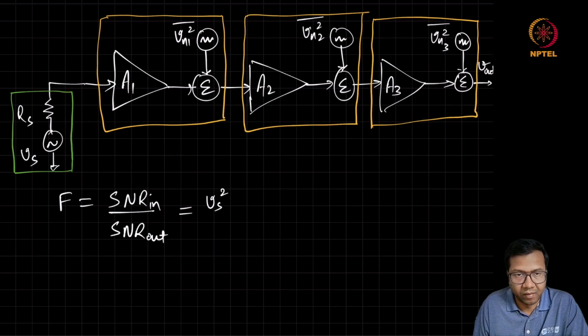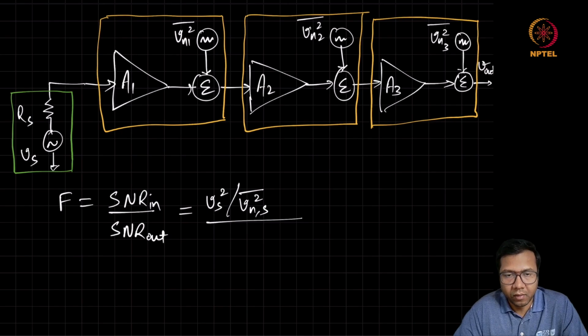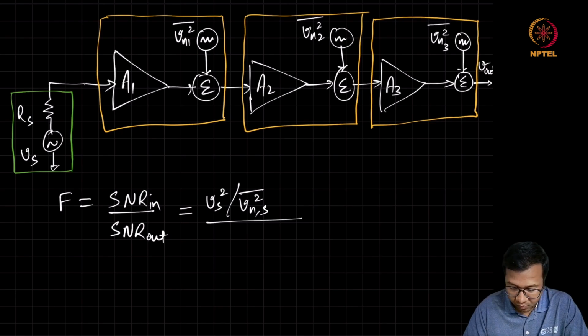So Vs is the RMS value. So it is going to be Vs square divided by the voltage noise of Rs, Vns square. And similarly, we can also write the SNR at the output. So SNR at the output is going to be the net signal available at the output and the total output noise.